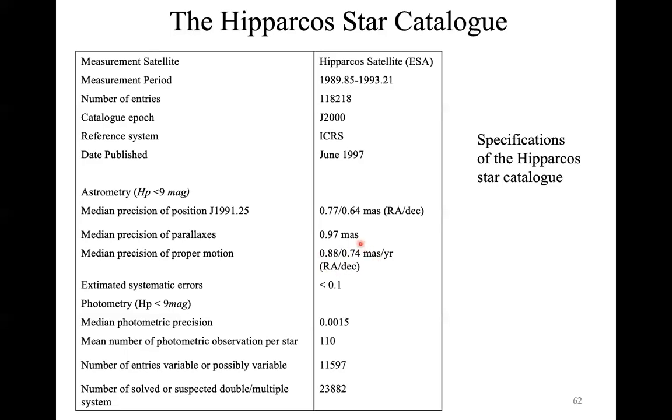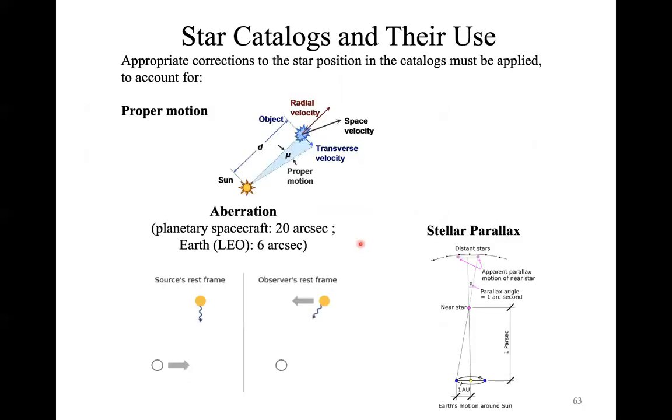The parallax, let me show you this figure. So the proper motion, as I said, is indeed the apparent motion of a star with the background.